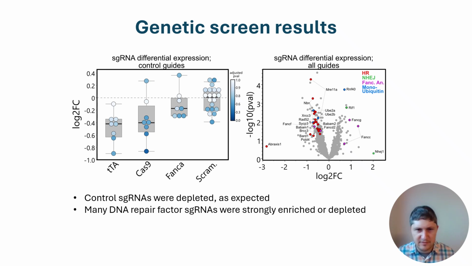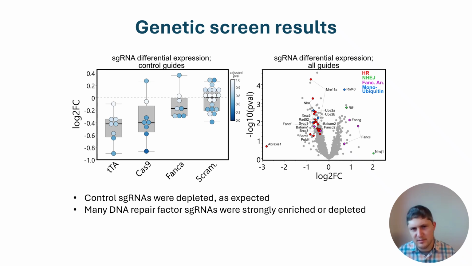Next, we looked at Fanconi anemia factor A. So FANC-A, this gene had been previously associated with homology-directed repair, or specifically AAV-mediated homology-directed repair. So this is one of the very few genes that was previously known to play a role in the process. And our screen results supported those previous data.